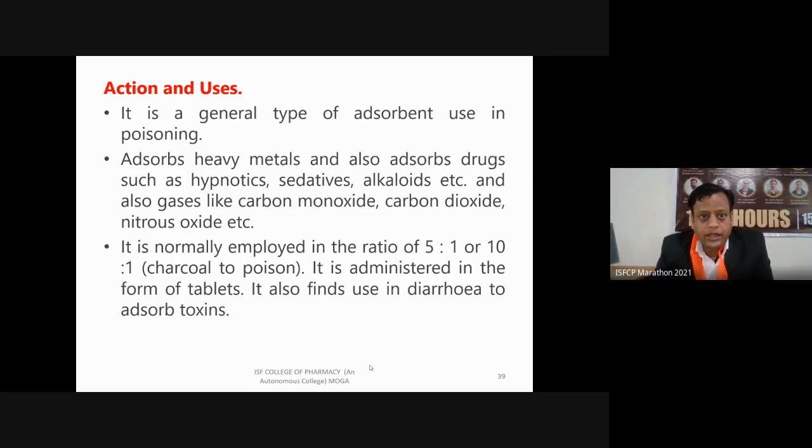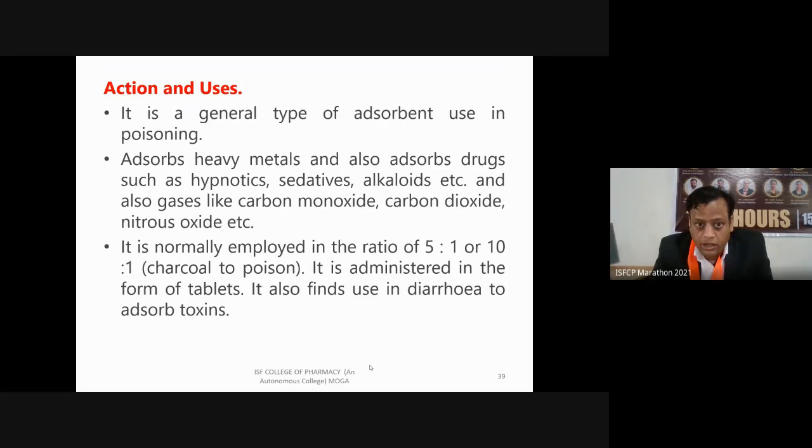Action and uses: it is a general type of adsorbent used in poisoning. It adsorbs heavy metals such as lead and mercury, and also adsorbs drugs such as hypnotics, sedatives, and alkaloids.